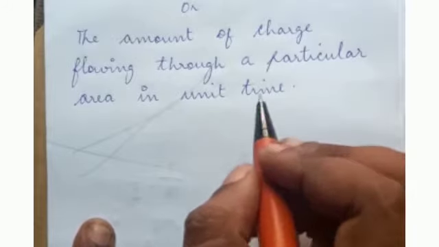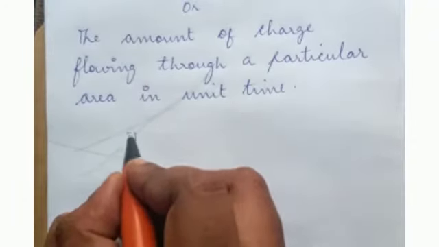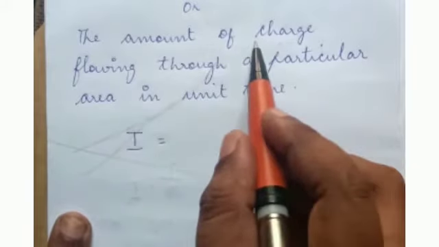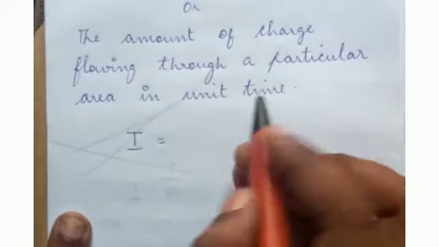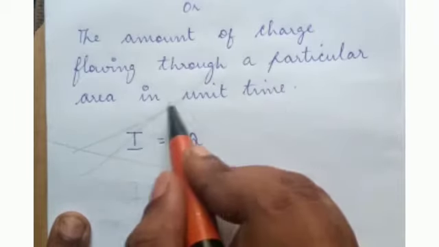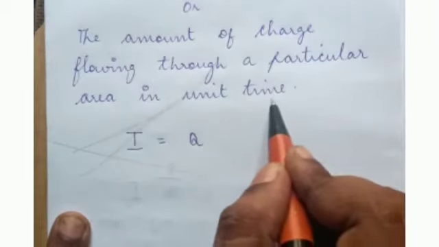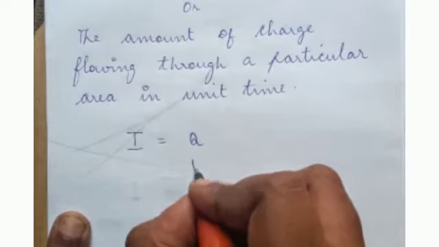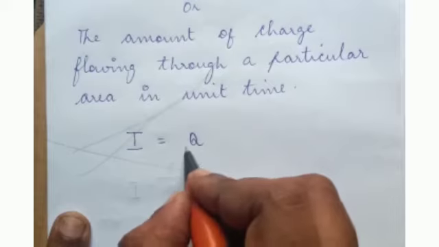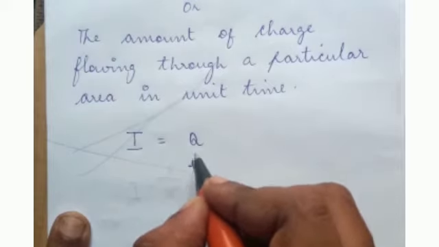The symbol of electric current is I. So I is equal to the amount of charge, which we saw as Q, flowing through a particular area in unit time. The symbol of time is small t. So here I is equal to Q by t.